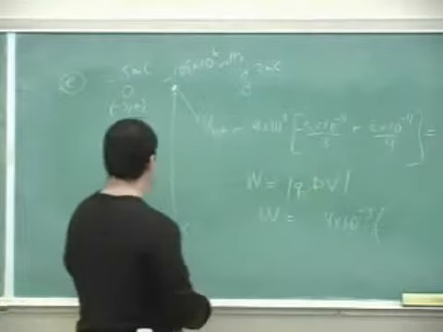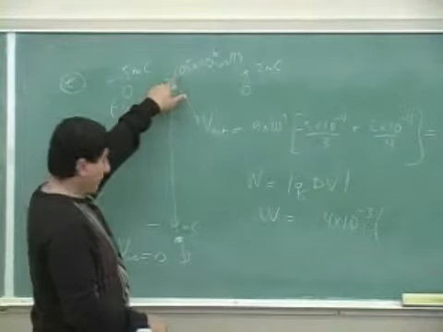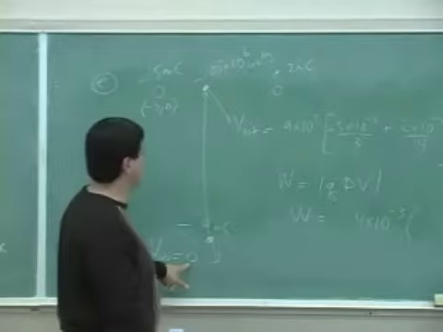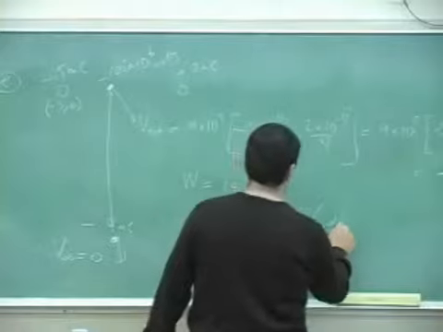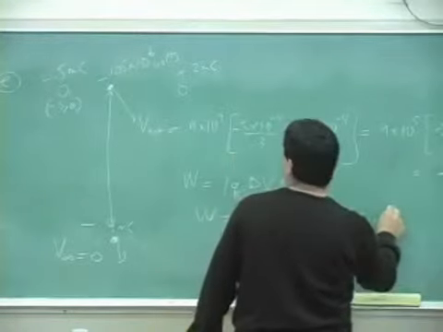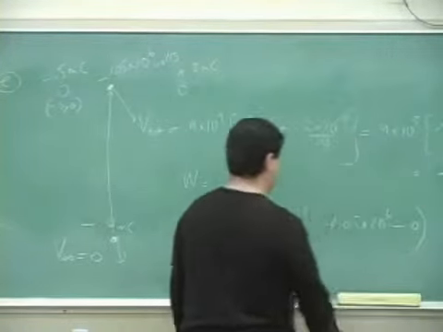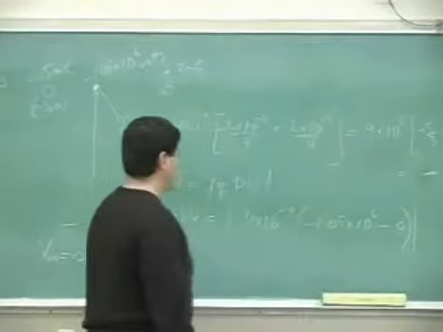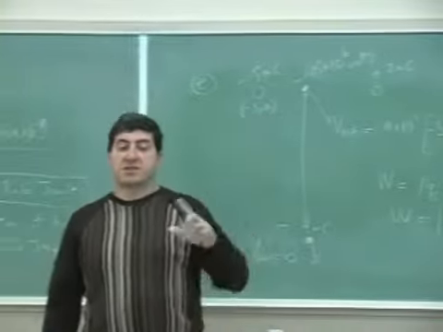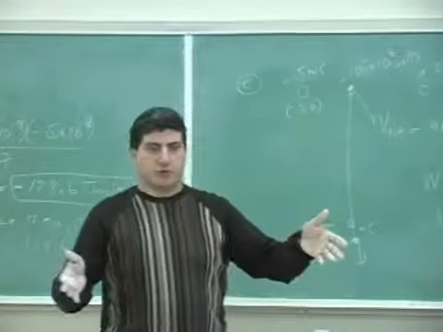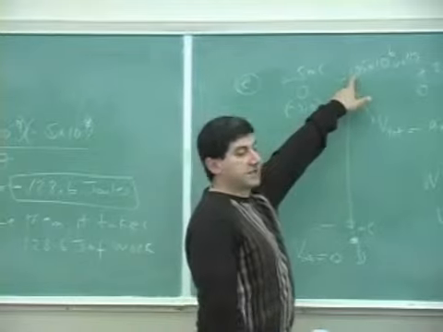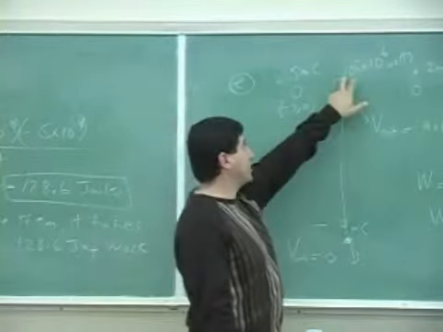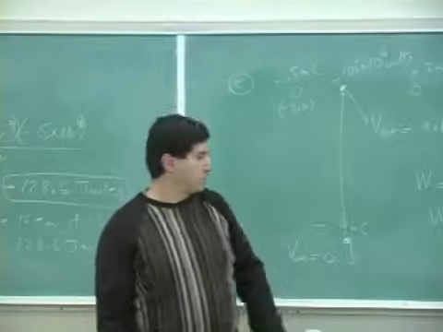And delta V is the potential at that point minus the potential at infinity, which is 0. So it's the potential difference between the two. Then we're taking the absolute value of that. Since I knew that infinity is 0, I'm just taking that potential times its charge.